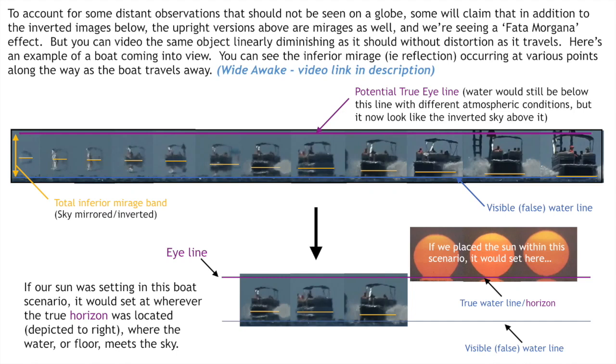So if our sun was setting in this boat scenario, if we go down to the bottom example, we pull out the boat, it would set at wherever the true horizon was located, which is depicted to the right a little bit. I just placed that other picture as an illustration of where an object would possibly set if it were within this boat example.